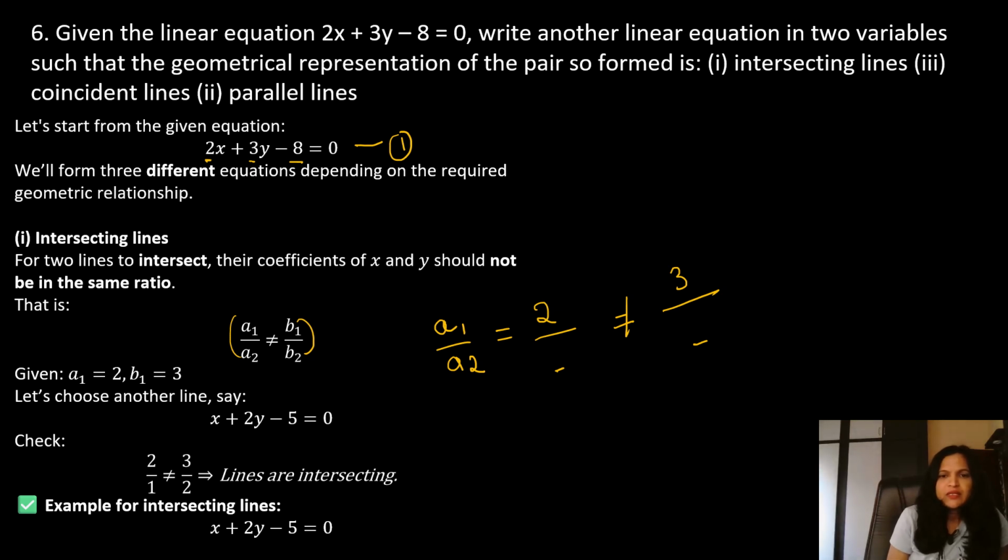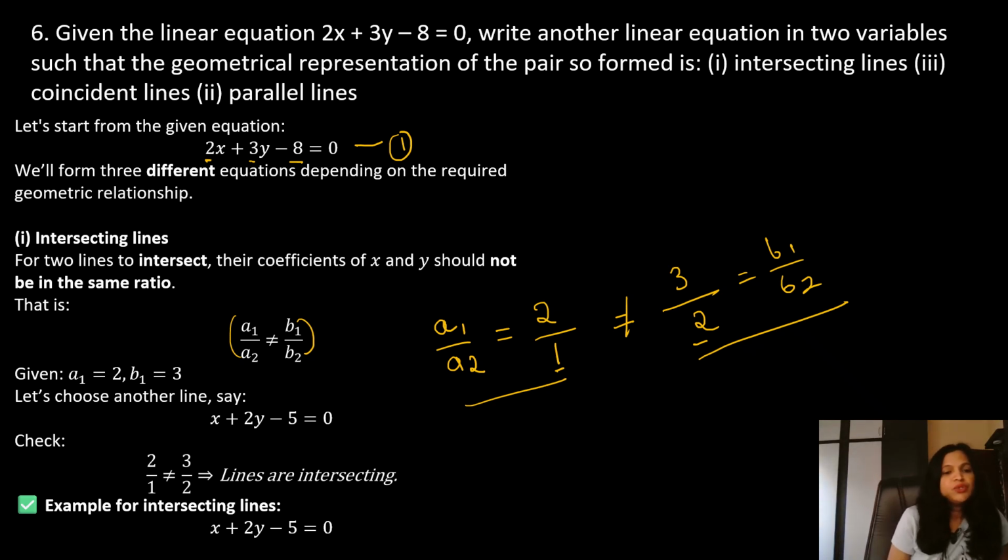To satisfy this not equal to condition, I'll take here 1 and here 3 by 2. Now 2 is not equal to 3 by 2, that is a1 by a2 is not equal to b1 by b2. This is a1 by a2, this is b1 by b2. These two are not equal.